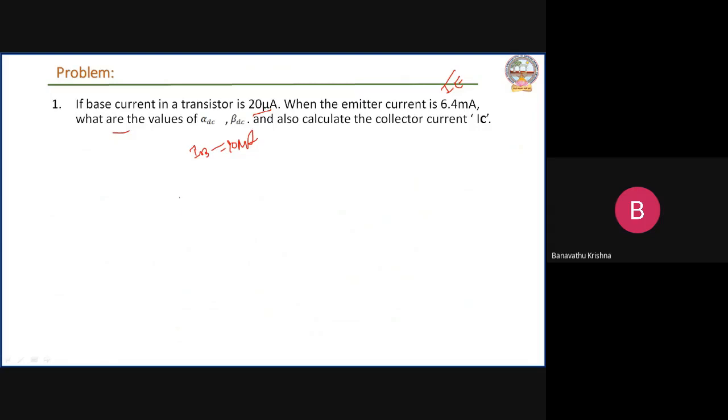We know that IE equals IC plus IB. Instead of IC, you can replace it with beta into IB. Then IE equals IB plus beta IB.